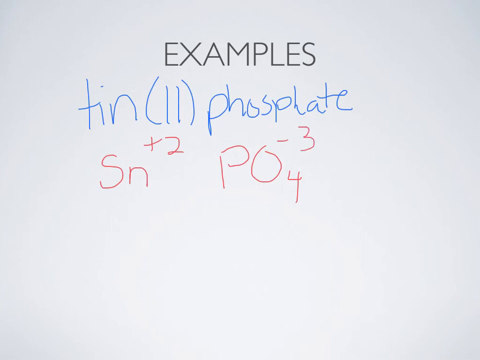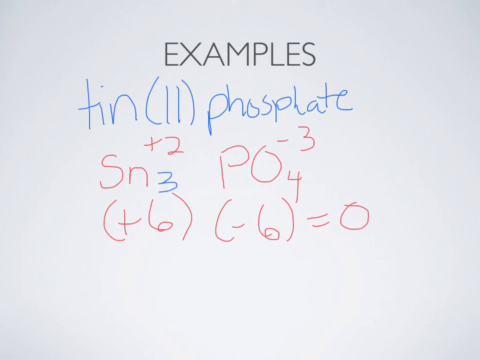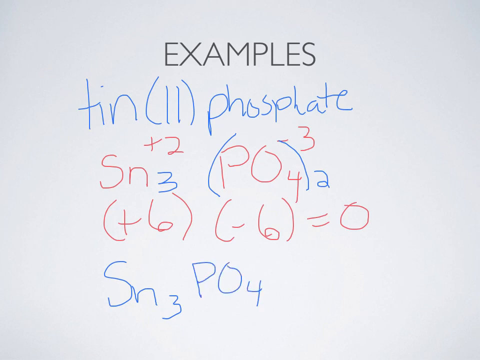So 2's and 3's make 6's, so +6 -6 equals 0. Therefore, I need 3 of these and 2 of these, but I need a bracket. So I'll be Sn3(PO4)2.